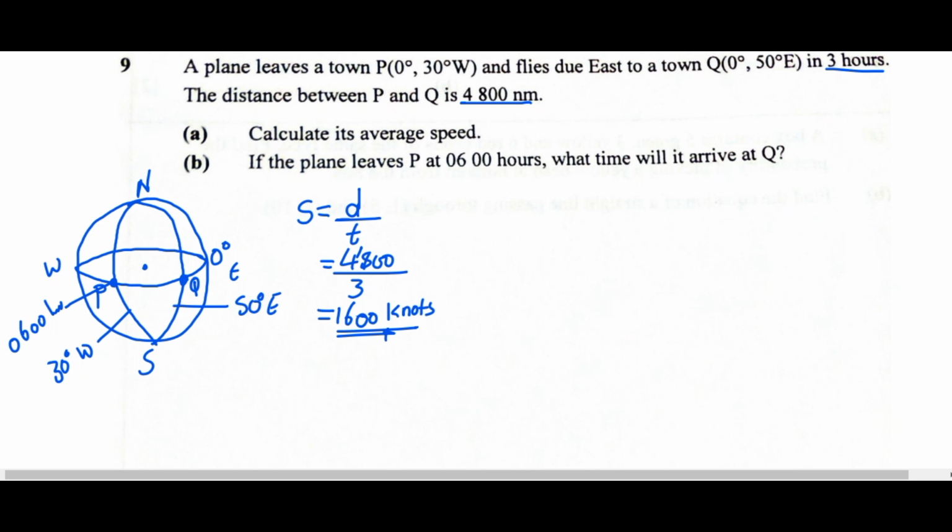So to get the time it will arrive at Q, we just add. It's 06 hours, the time of departure, plus 3 hours, the time that the plane took to cover this distance. If we add, it is going to be 09 hours, the time it will arrive at Q. Then let's move on to the next question.